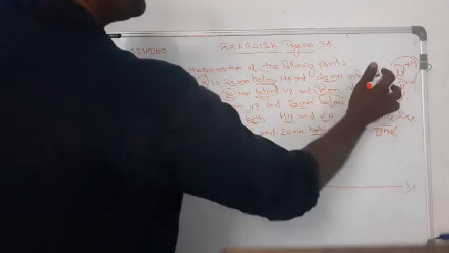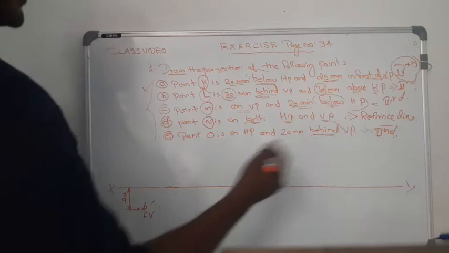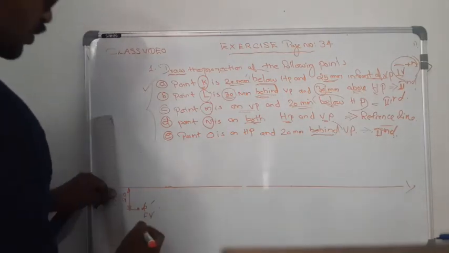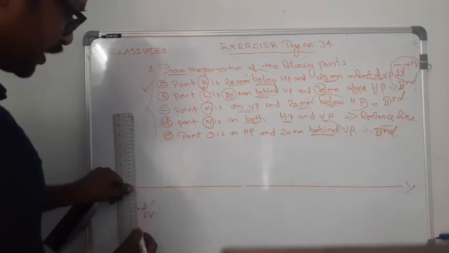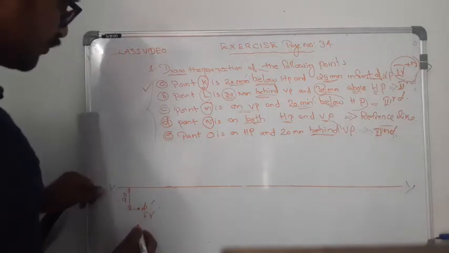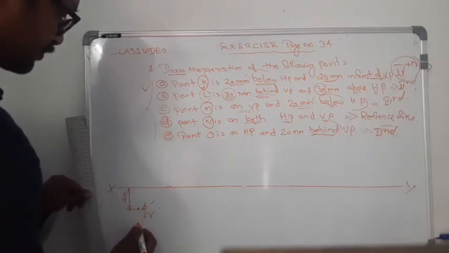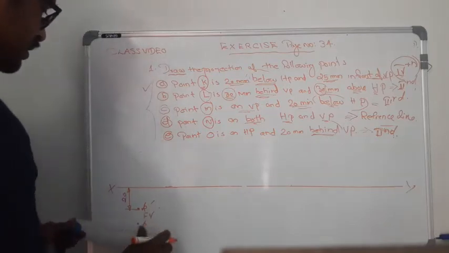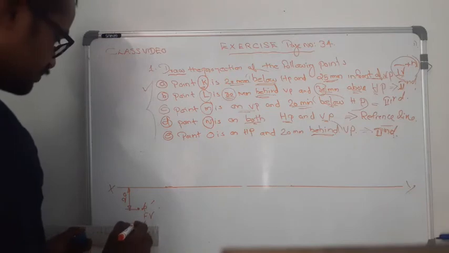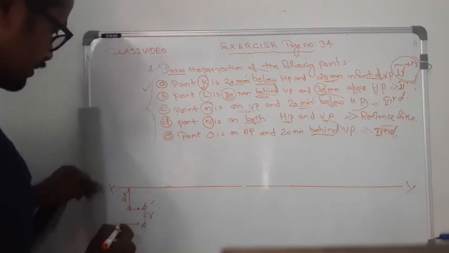Now 25 mm in front of VP. Now draw another point here keeping 25 mm. This point is marked as k, 25 mm from the XY line.